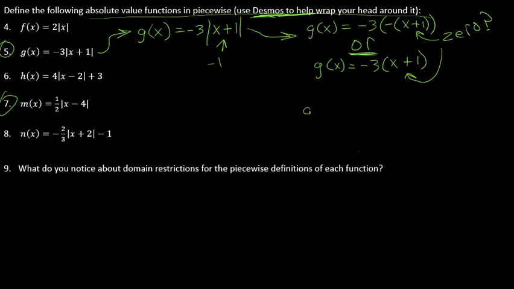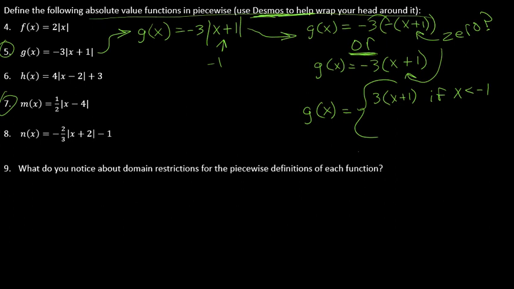So the way we're going to define that in piecewise is g of x equals, and then we're going to use our cute little curly bracket thing. It's going to equal, so if I go ahead and distribute this 3 in here, this would become +3 times x plus 1. Okay? That's going to be if x is less than -1.